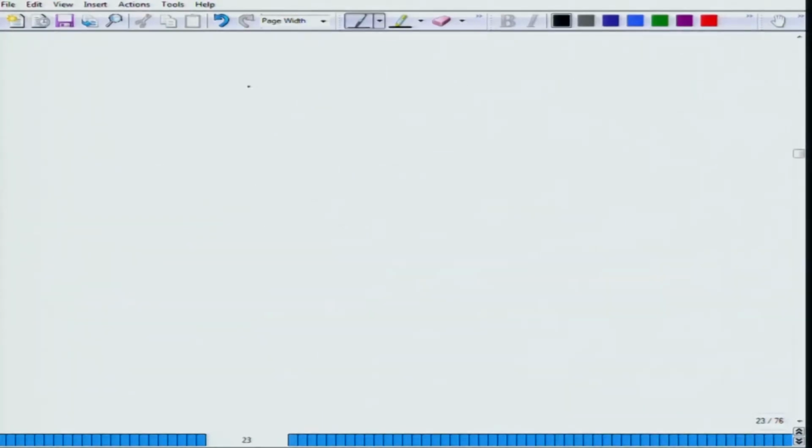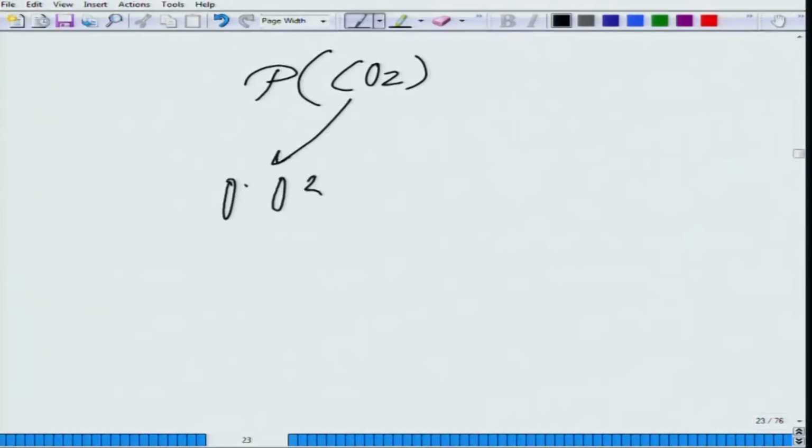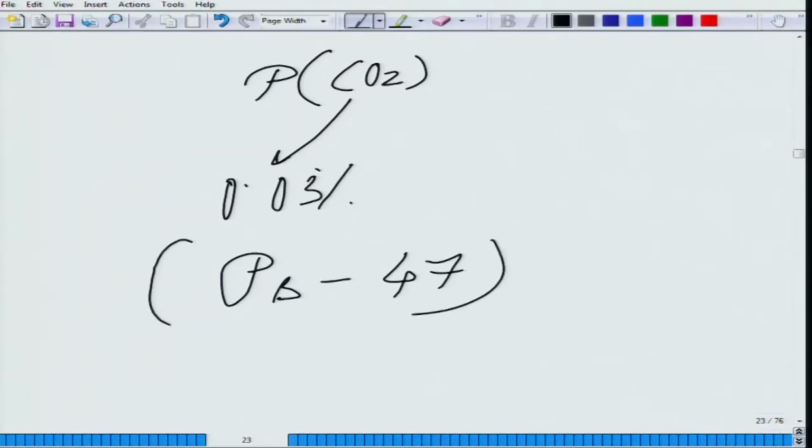what is the contribution of carbon dioxide, PCO2? For that you need to know the concentration of CO2 in the air, which is 0.03%, very negligible. So, if you have to calculate, Pb again is the same thing, Pb minus 47, which is your contribution from water.